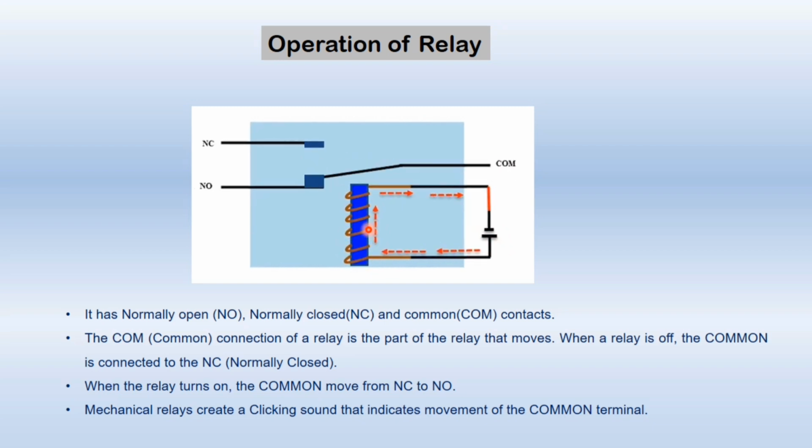Now this coil and this iron part both will act as an electromagnet. As they have become a magnet, they will attract this common terminal towards them. So when you switch on the relay, it attracts this common terminal towards the normally open position, and the relay is switched on. So in this way the relay works.